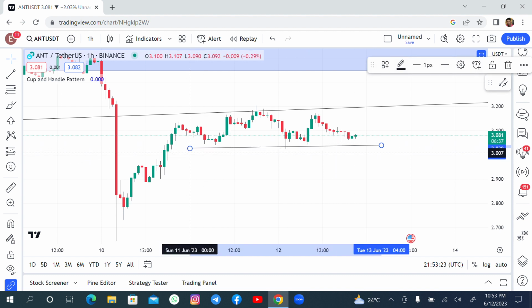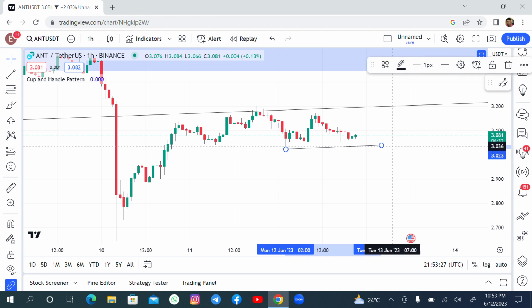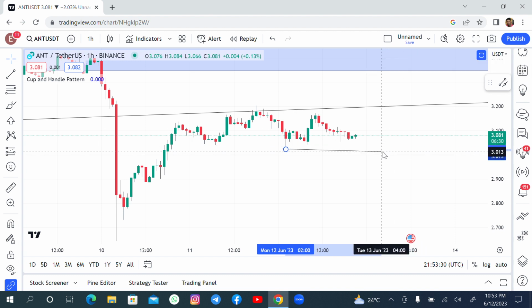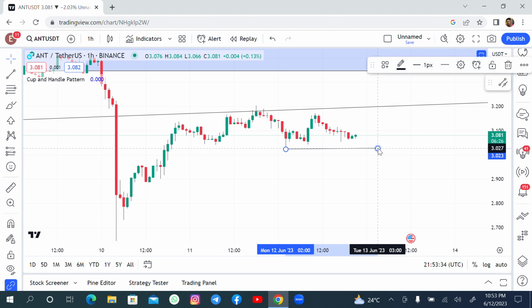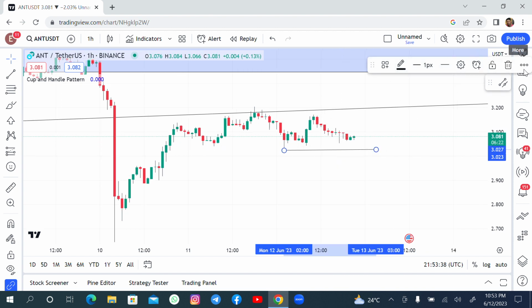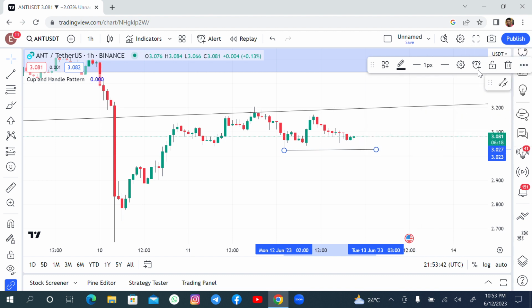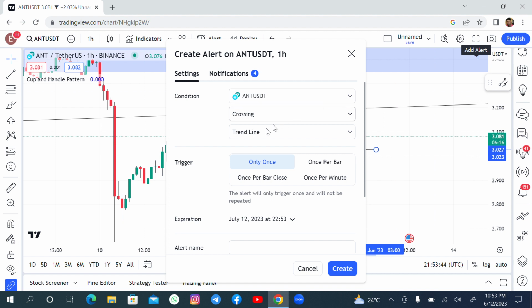I will ensure that this low is taken out completely. And when that happens, in fact, let me set an alert for it.